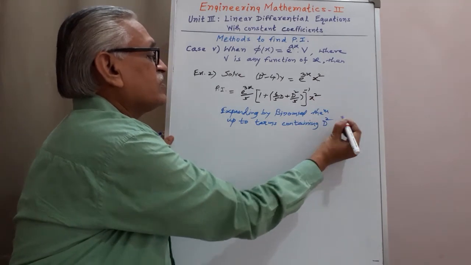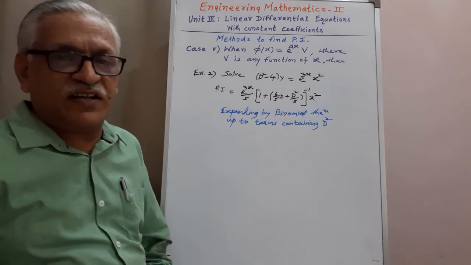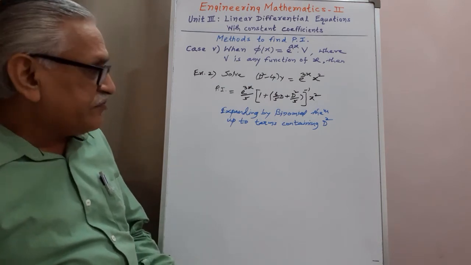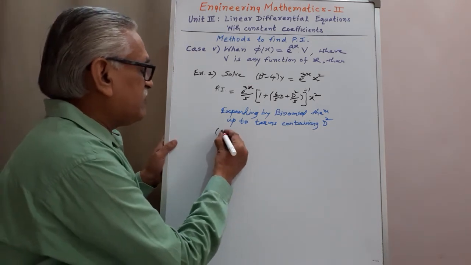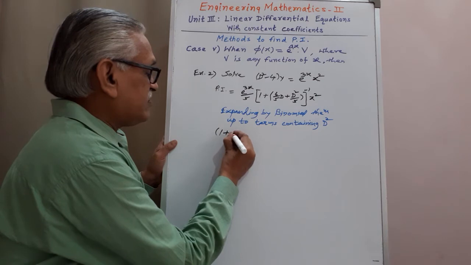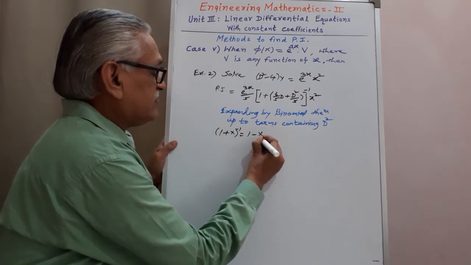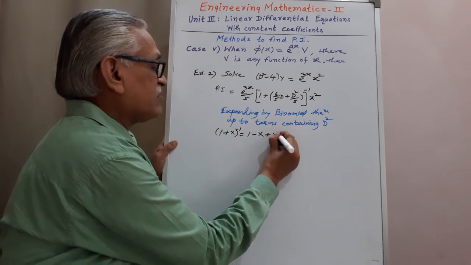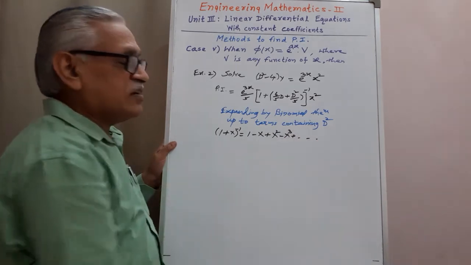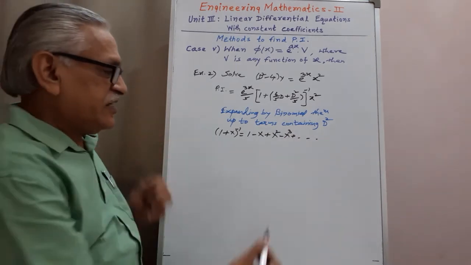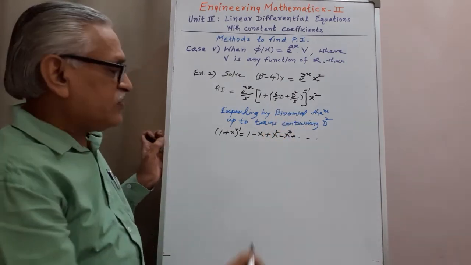M is here 2, which means we consider the terms up to D square, neglecting D cube and higher order terms. Here we apply the binomial theorem: 1 plus capital X raised to minus 1 is 1 minus X plus X square minus X cube, and so on, with terms alternately positive and negative. Here capital X is this term, 6 by 5 D plus D square by 5.